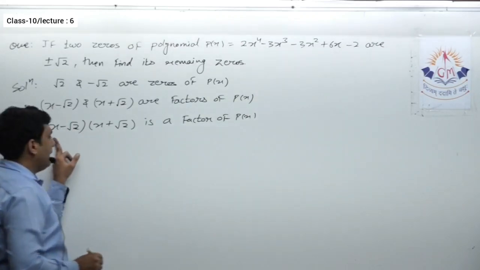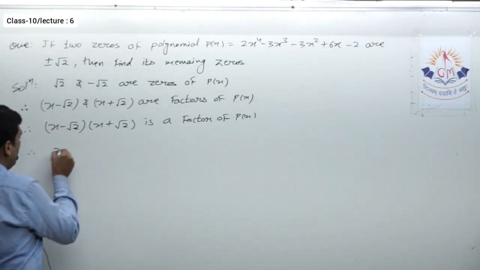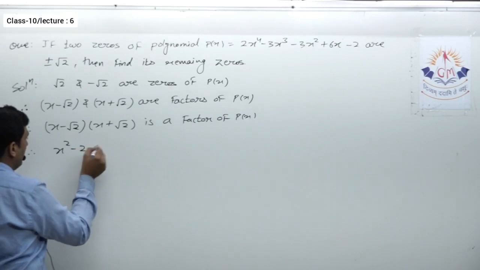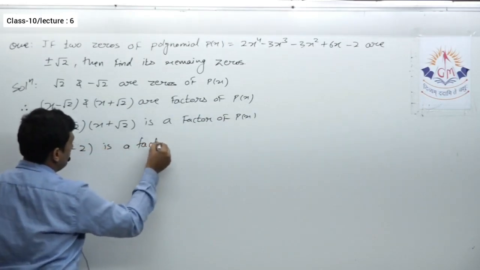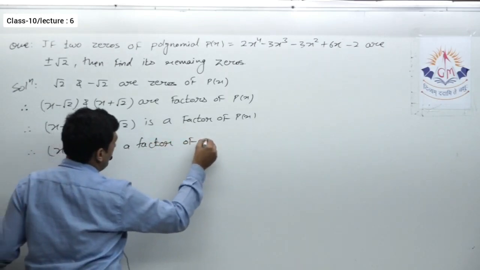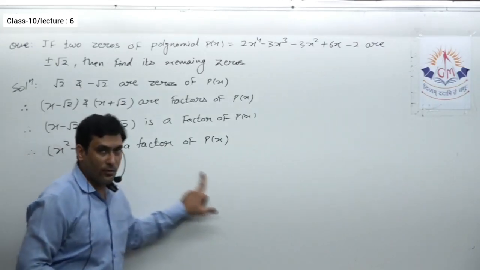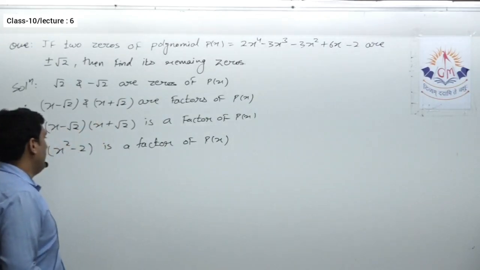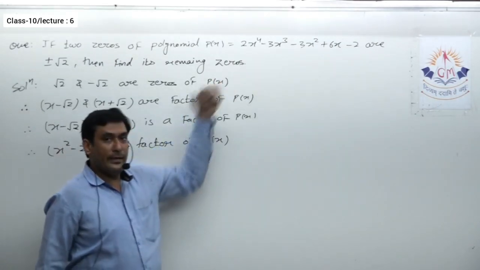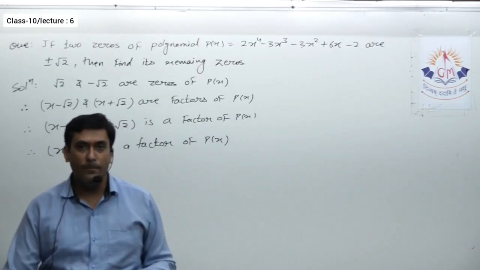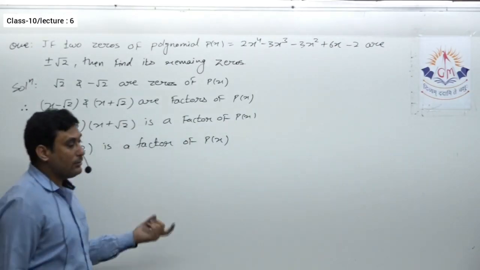Now here you can apply the identity (a + b)(a - b) to multiply these two. So a^2 - b^2, that is x^2 - 2. Therefore x^2 - 2 is a factor of p(x). As this is a factor of p(x), when I divide p(x) by this, I will get remainder 0, as well as a quotient polynomial.